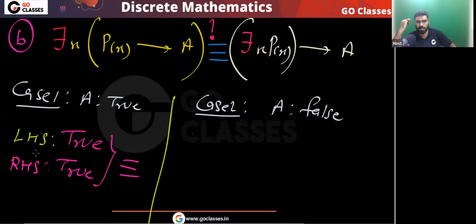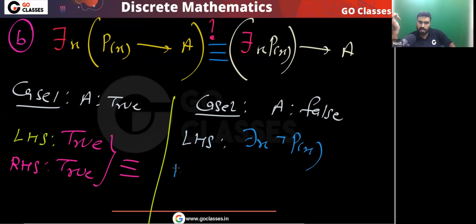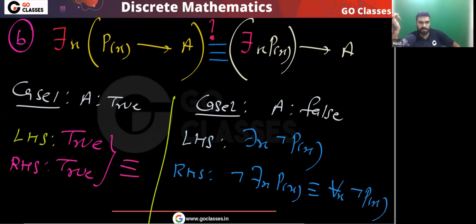So here also they are equivalent. What about case 2? In case 2, LHS will be there exists X, negation Px, and RHS will be negation of there exists X Px. That is the same as for all X negation Px. Are they equivalent?